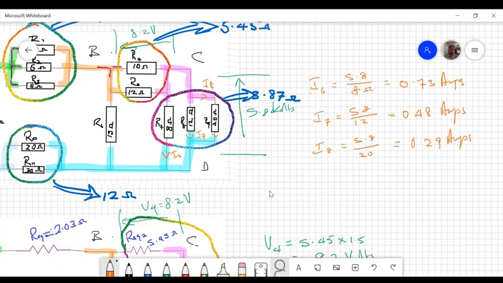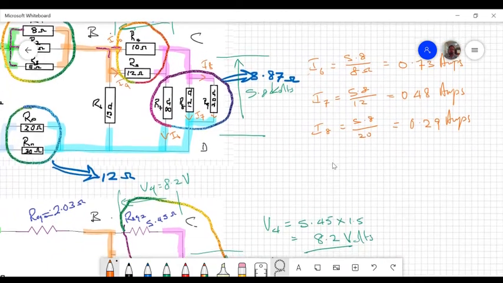Okay, we can write it in, but I want to jump over to this 10 and this 12 ohms. I just found out the voltage there is 8.2 volts, so I can call this current I9 and this one I10. So continue along the same pattern.